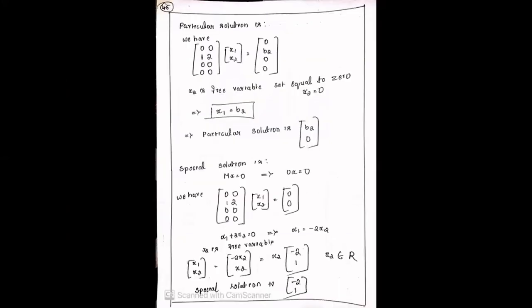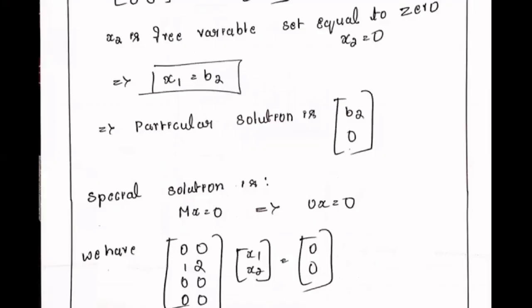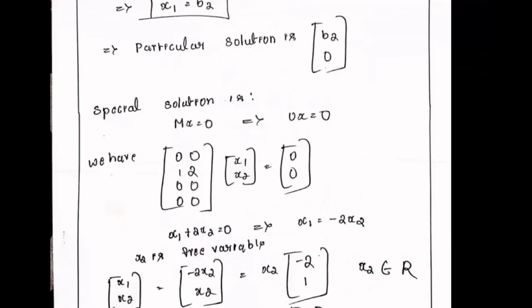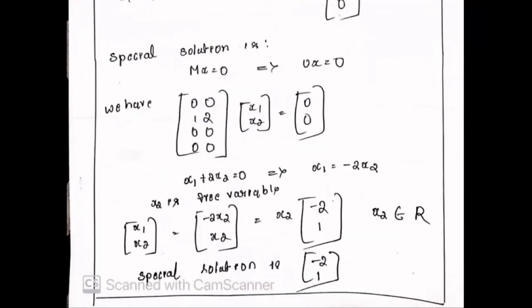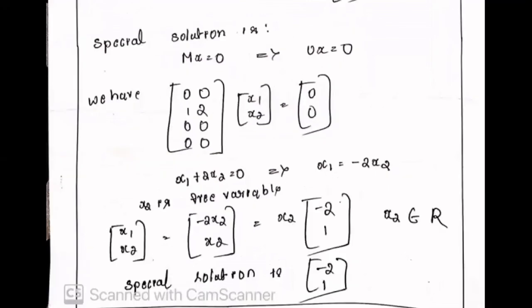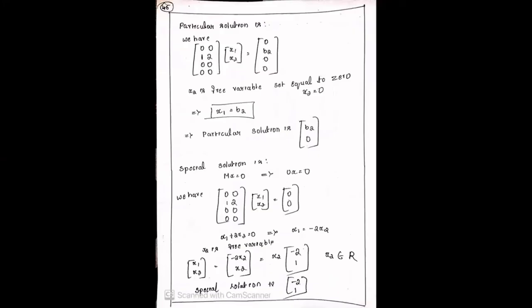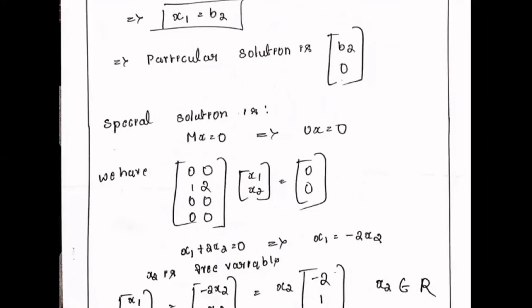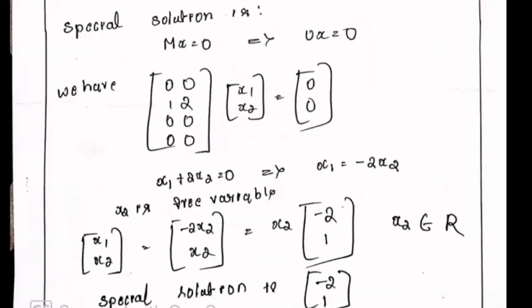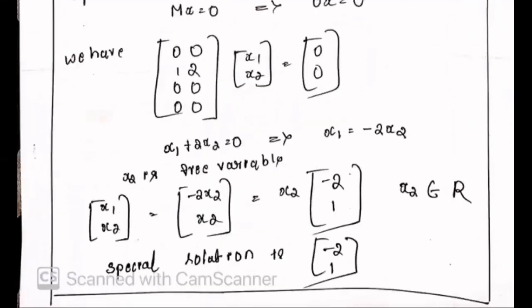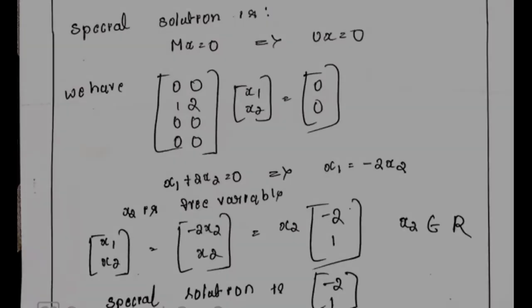The particular solution will be b2 comma 0. Similarly, if you calculate the special solution, everything has become 0, right? It is like this, you'll get -2 and 1. So that's all for the day.